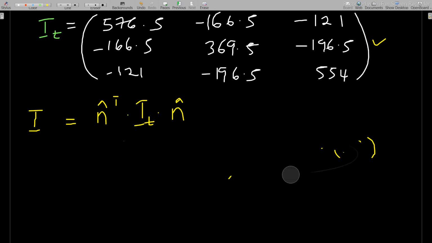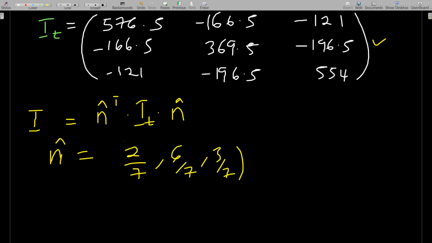So I'll rather call my n cap this 2/7, 6/7, then 3/7.